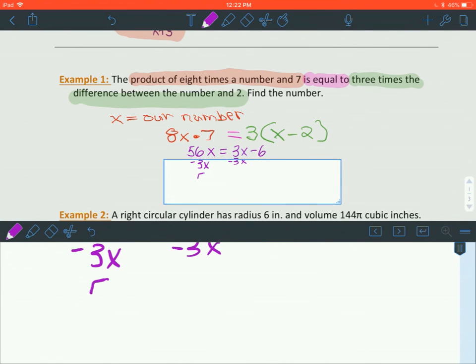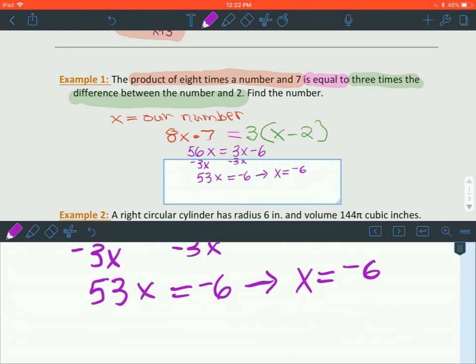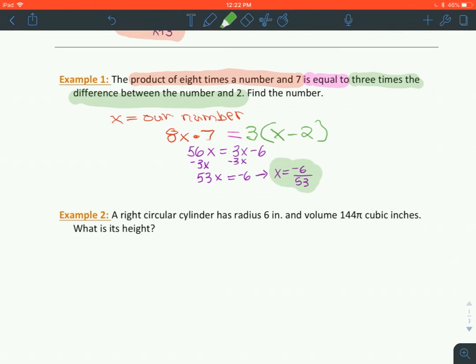That gives you 53x is equal to negative 6. Divide both sides by 53, and you end up with x equals negative 6 over 53. Writing the equation is usually the hardest part on these.